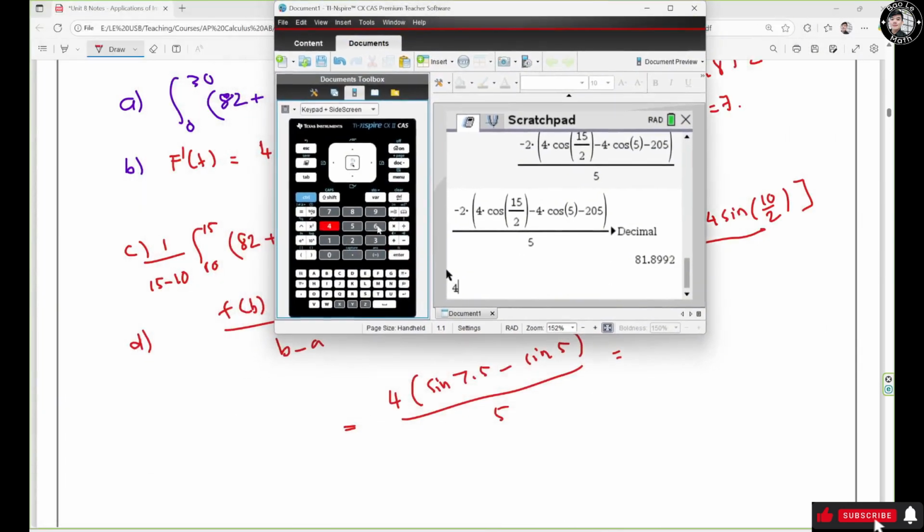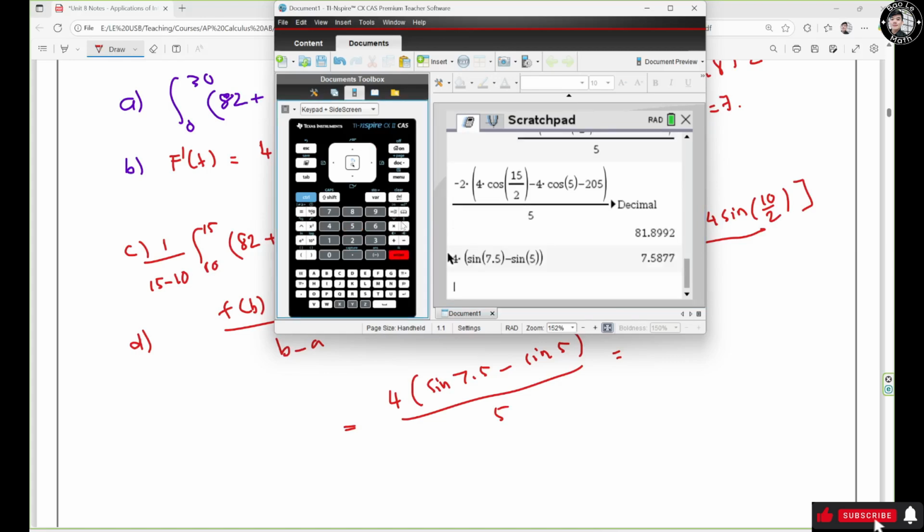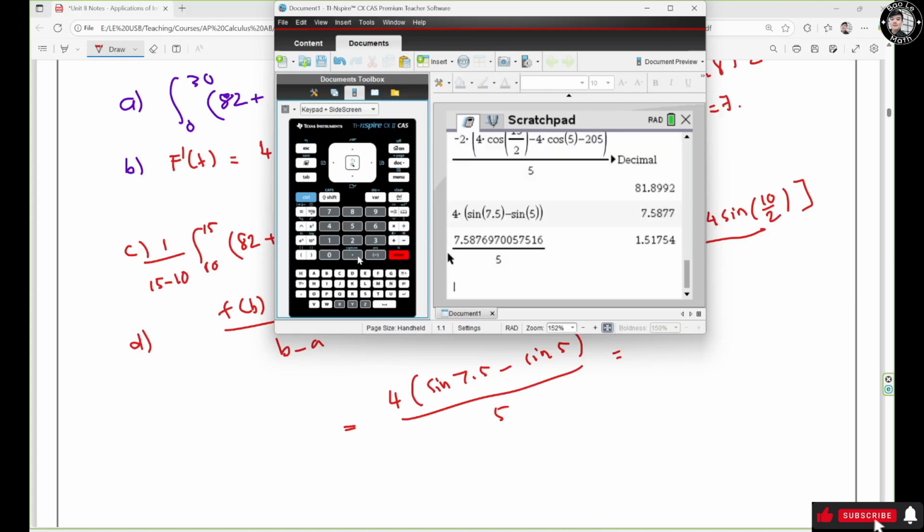So I have 4 times sine of 7.5 minus sine of 5. Hit enter. Then you need to divide by 5. Hit enter. The answer is 1.517.